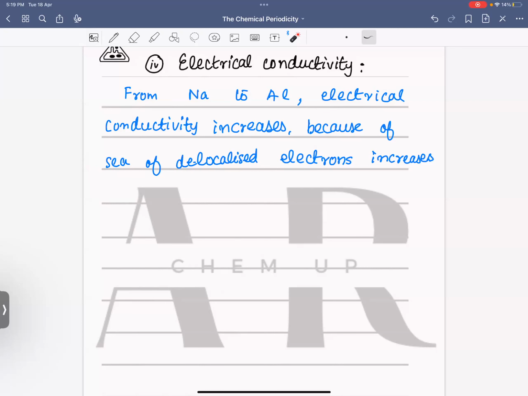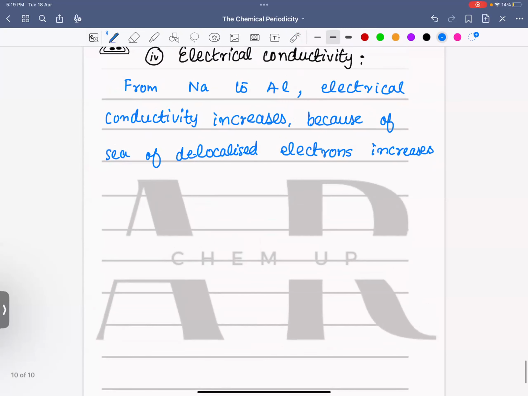So the delocalized electrons increase, and as a result, the electrical conductivity increases. But when we look into the further points from here, the next element is silicon, and silicon is a semiconductor.